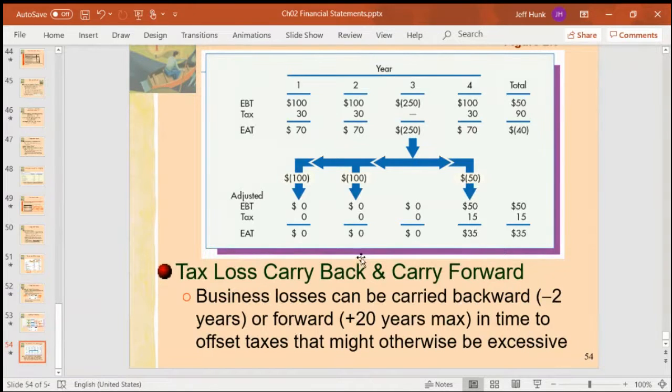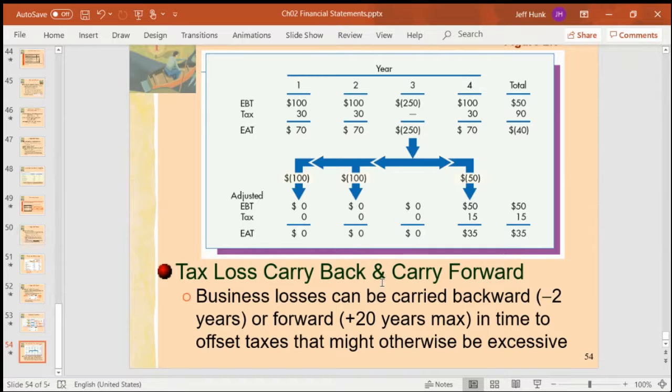Now, this loss in year three can be carried back 2 years. Oh no, this is not year five, I'm sorry. This is just the total. I thought it was year five. So you spread it over 2 years back and up to 20 years forward, and then offset taxes in the previous 2 years.